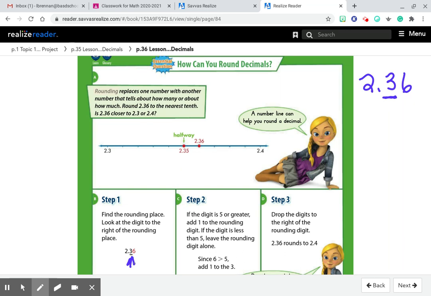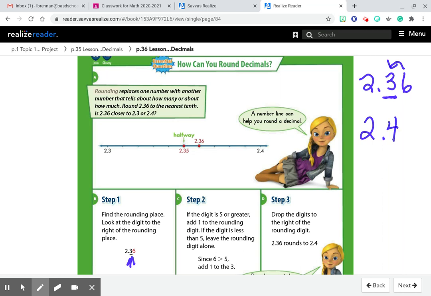And in rounding, if you watch some of the little rounding videos, if the digit is 5 or greater, add 1 to the rounding digit. If the digit is less than 5, leave the rounding digit alone. So in this case, 6 is greater than 5, so it's going to bump the 3 up. So when we round this to the nearest tenth, the 6 is going to make the 3 go up to a 4, which is the next value.